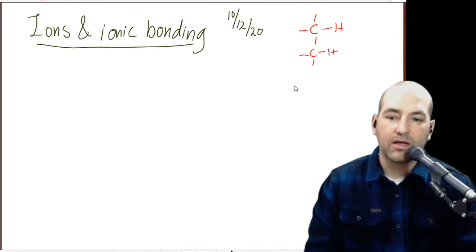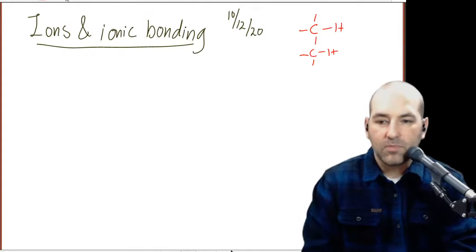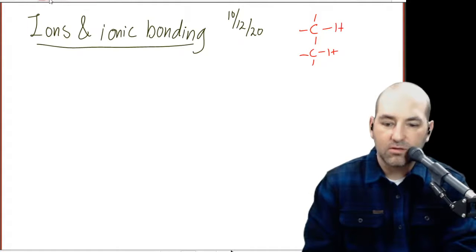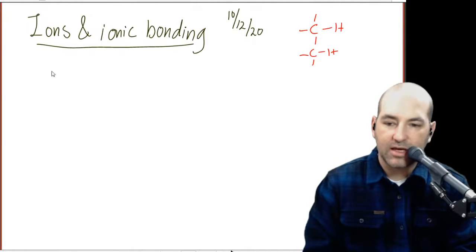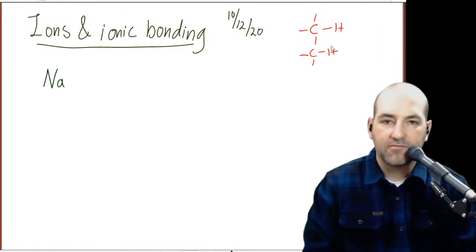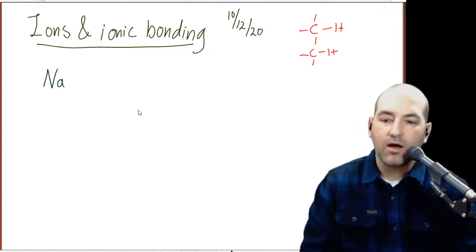Ions and ionic bonding is a little bit different. This is most commonly seen with things like metals. So if we have, let's say, a sodium atom, Na, sodium doesn't make these kinds of bonds the way that carbon, hydrogen, and oxygen do.